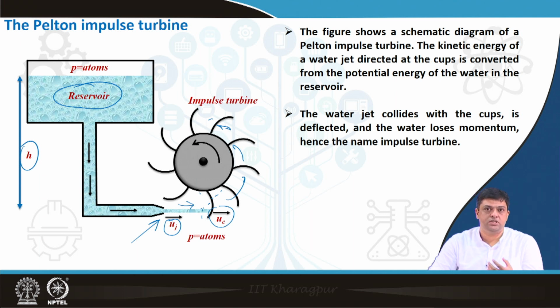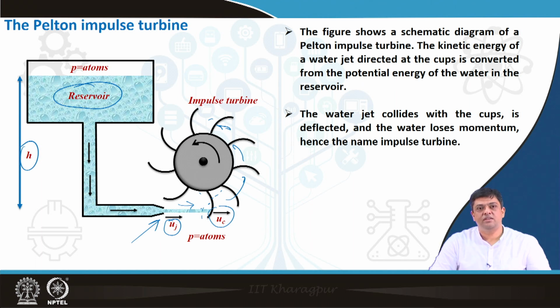Pelton impulse turbine, where the water jet collides with the cups and the water is deflected. While that is happening, this loss in momentum is basically transferred to the blades, and that results in the rotation of these turbine blades, and you have the output.